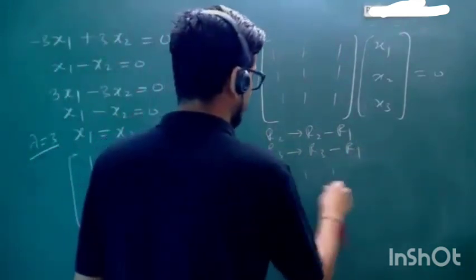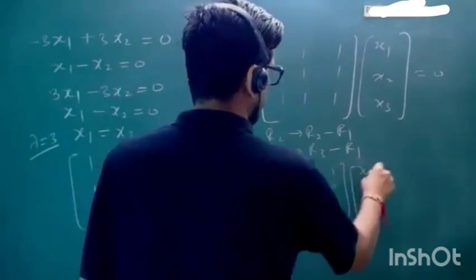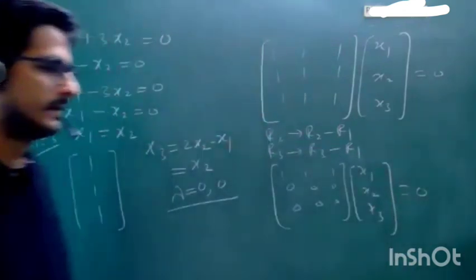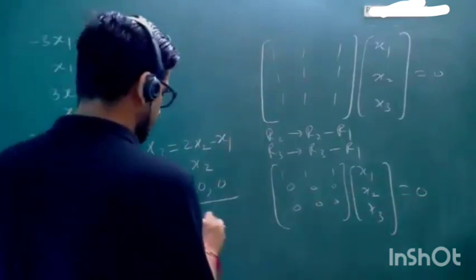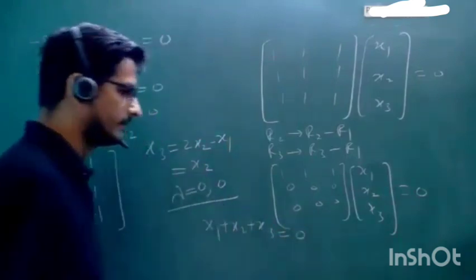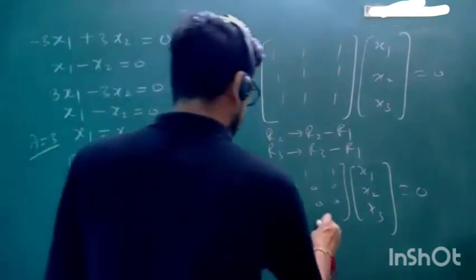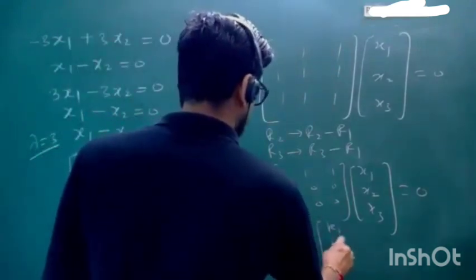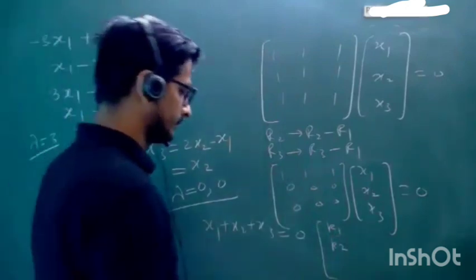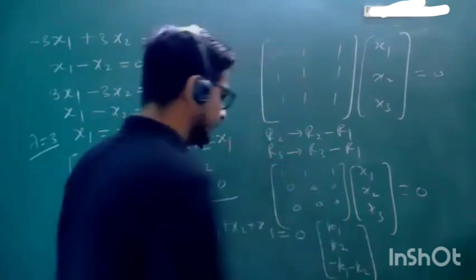It will be only 1, 1, 1, 0, 0, 0, 0, 0, 0, and then x1, x2, x3 is equal to 0, correct? So I will have only one equation, x1 plus x2 plus x3 is equal to 0. And you know how to write the eigenvectors for this. So if x1 is k1, x2 is k2, then x3 will be what? Minus k1 minus k2, correct?